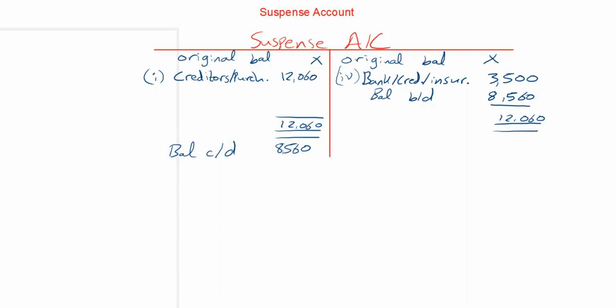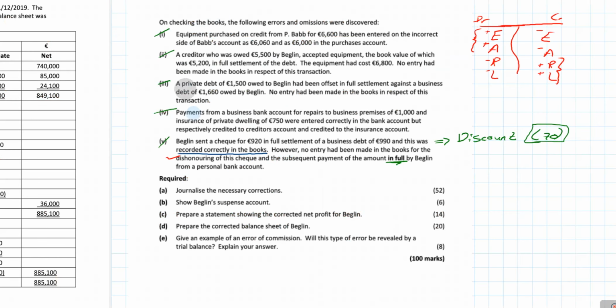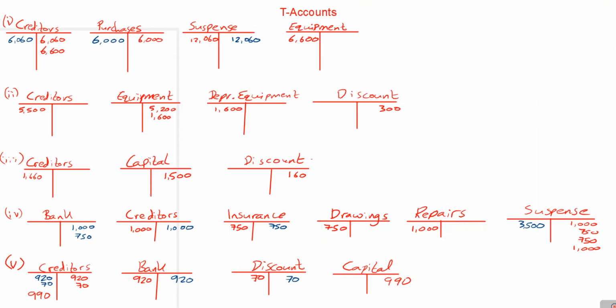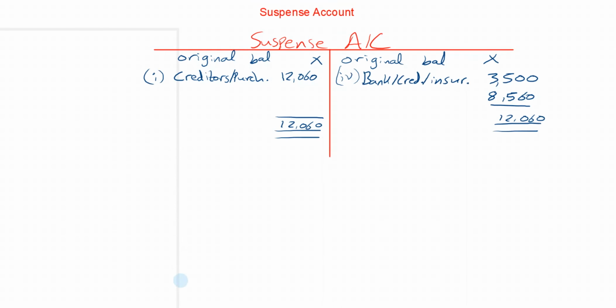So let's say we were doing equipment, motor vehicles, patents, anything that's a fixed asset, that's the way you would deal with it. However, when we're dealing with the suspense account, and we saw that the suspense account was included in the debtors, what we have in our debtors is that 8,560 on the credit side of debtors.